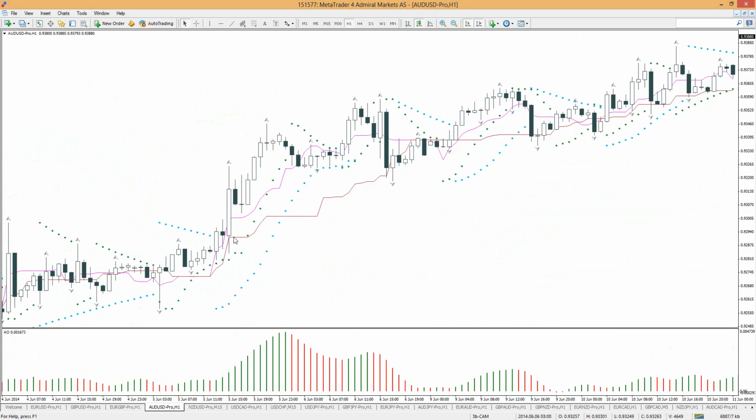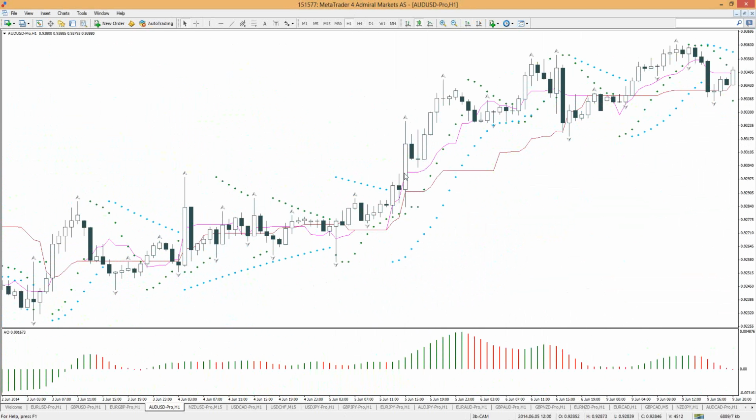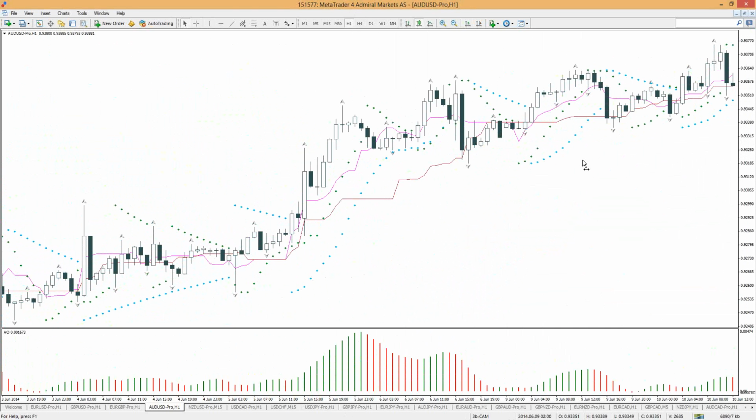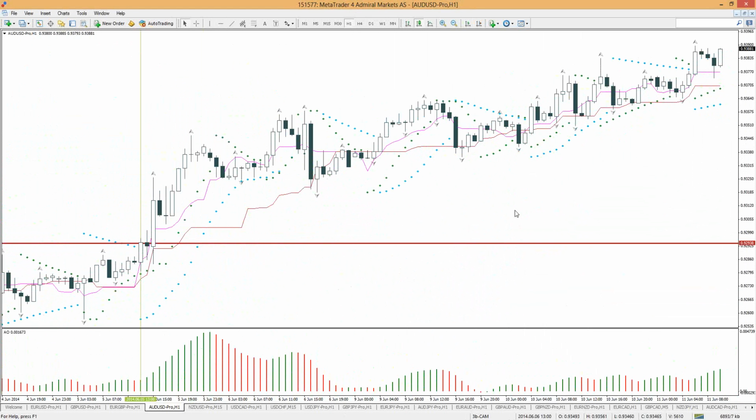Let's see. You've got a good example right here, right now, on this Aussie. That was a good breakout trade. Let me show you where exactly, right here. This is just a random example, the first one I saw. We had a crossover here, but we didn't have the close below it, as far as I can see. Or we did, maybe.